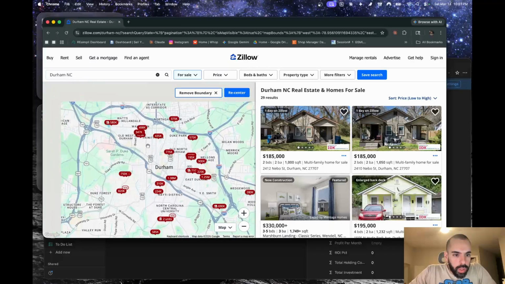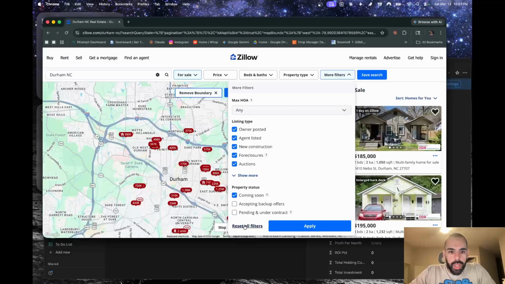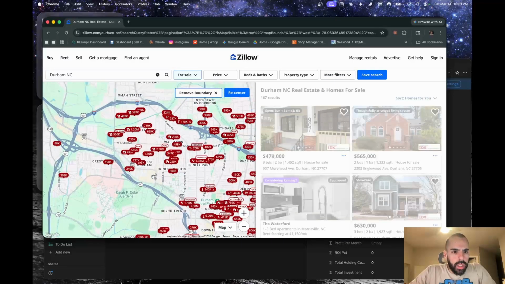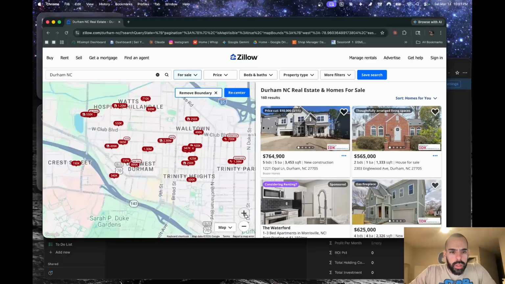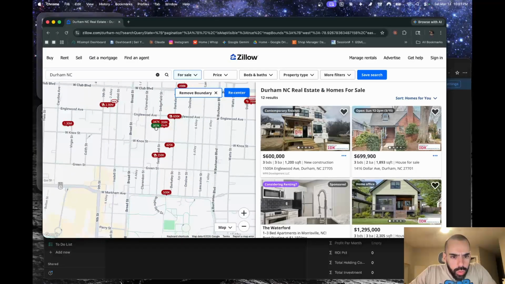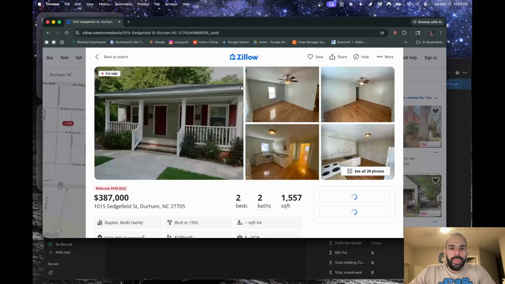This area looks good. I don't know if I have filters from the last time. Looks like I did. I choose you. Okay, what do we got here?